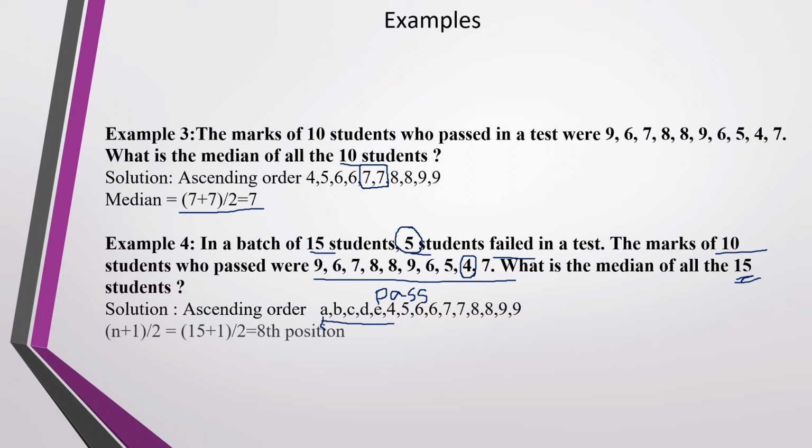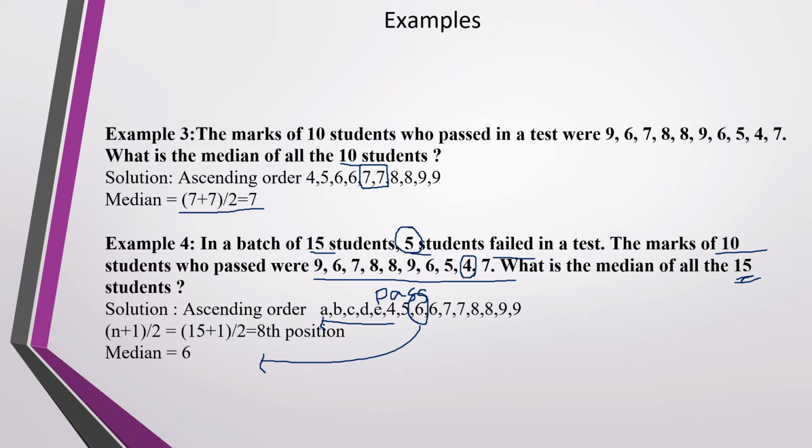Now here you can consider the middle position is the 8th position. In the 8th position the value is 6. So this is your 8th position, the value is 6. Hence we can tell that our median is 6.